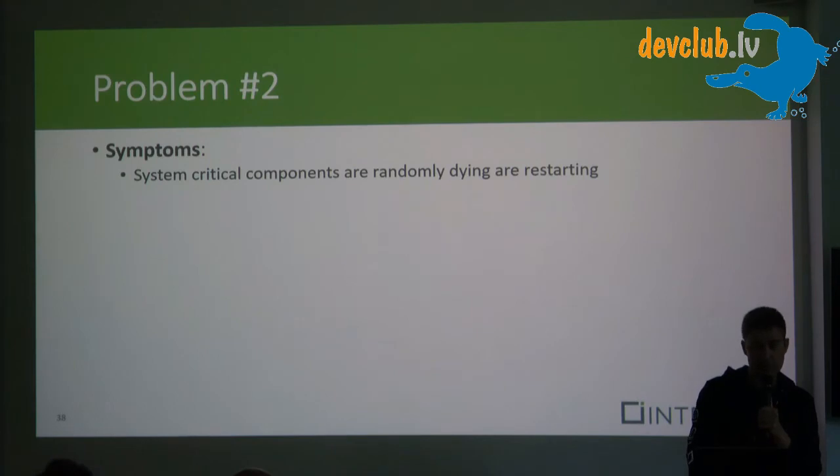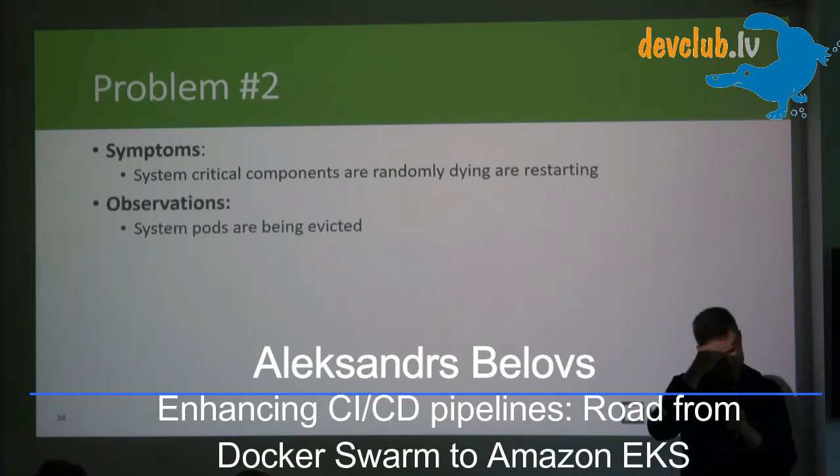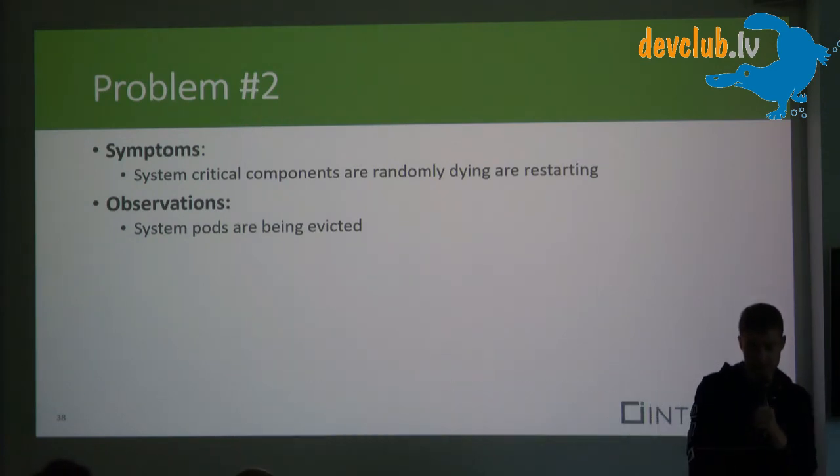The second problem that we have faced was that our core Kubernetes components were dying and restarting in very rare cases. And we saw in the logs that they were being evicted by higher-priority workloads.